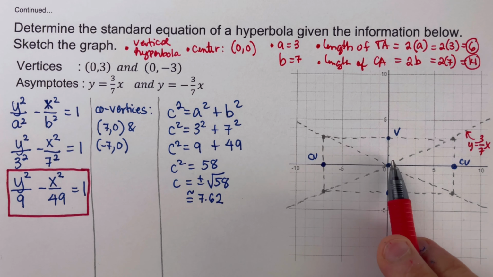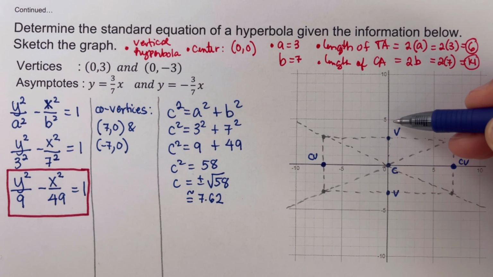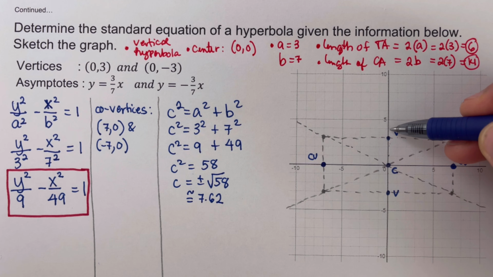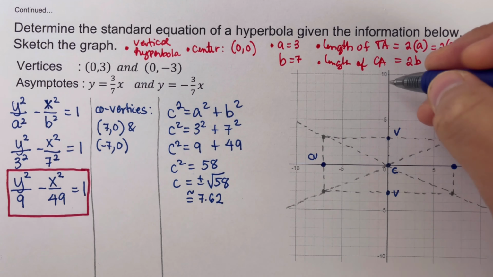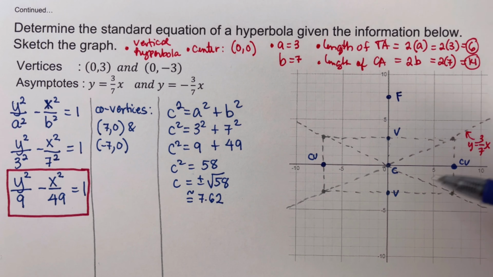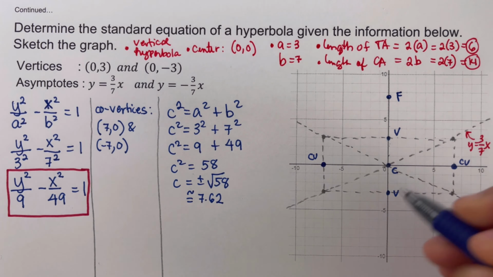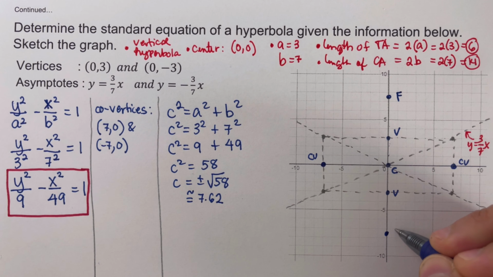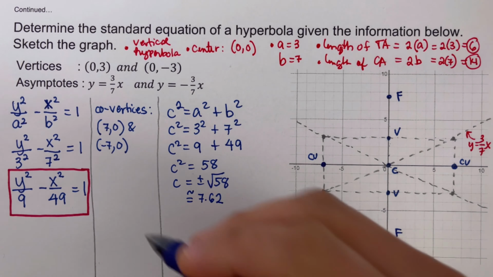So then we go up 7.62 and 7.62 down. So this is where the first focus is going to sit. So that would be 3, 4, 5, 6, 7.62 should be somewhere around here. This is our first focus, while the other focus would be 7.62 down. So this is our second focus. So these are the coordinates of the two foci.